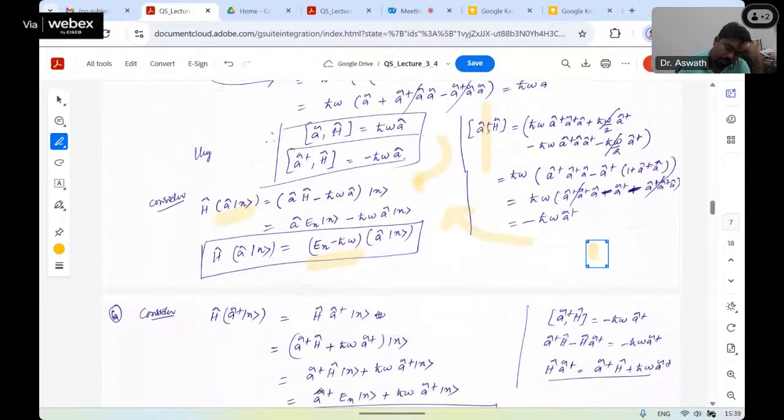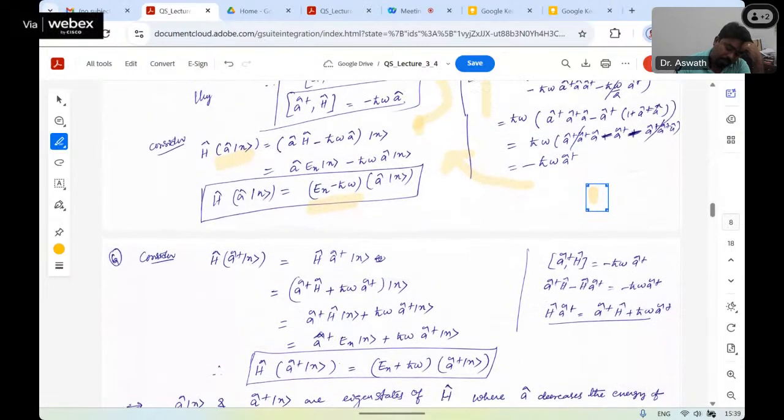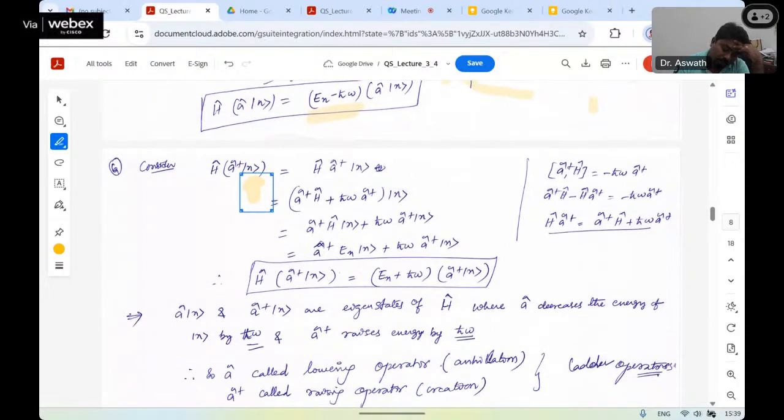So let's go to the other situation. Let's check whether the quantum state n of the harmonic oscillator acted on by A dagger will be an eigenvector of H. Just cross-check and substitute whatever relations you obtained so far, and you see, yes, that is going to be an eigenvector of H with the eigenvalue raised by ħω.